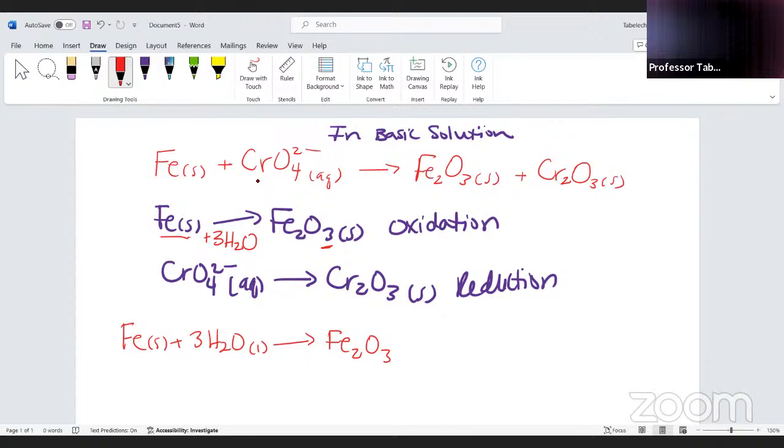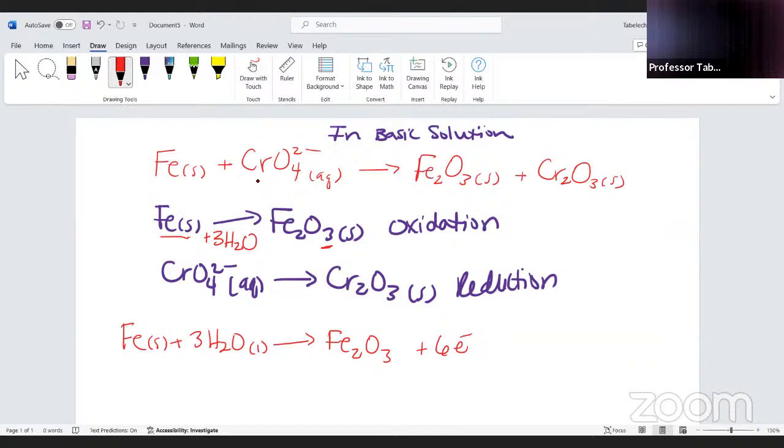And I know that oxygen has an oxidation number of -2. And I know that because of that -2, that's going to give me a different number of oxidation numbers for iron, which is going to be +3, okay? So what am I going to do? I'm going to add 6 electrons over here to the other side, okay?